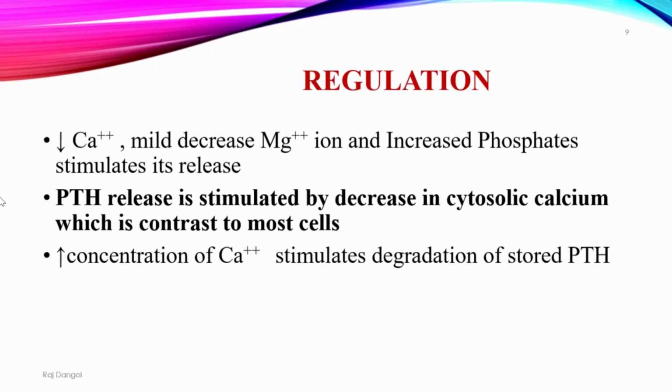Under physiological conditions, low amounts of magnesium ion and increased phosphate concentrations in the circulation also stimulate its release from the parathyroid gland. And parathyroid hormone release is stimulated by a decrease in cytosolic calcium, which is in contrast to most cells.